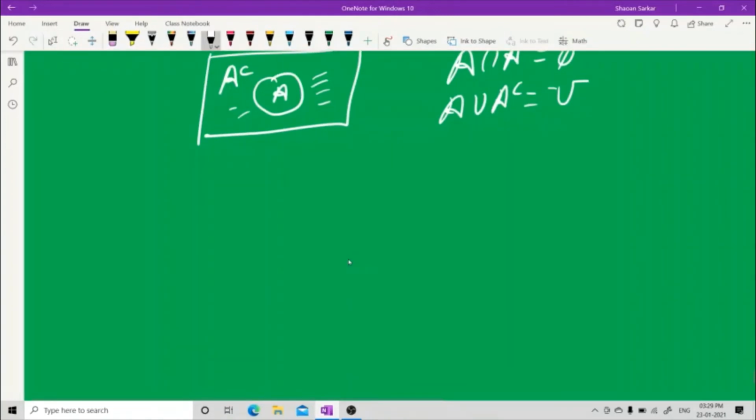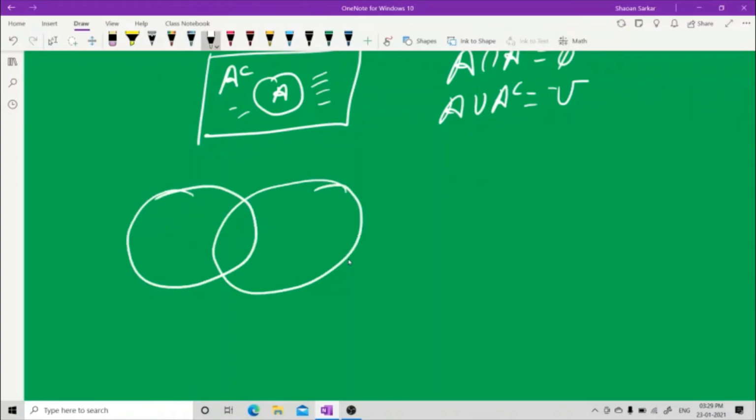Now you have these two sets. This is set A, this is set B. Now this portion, let me do it with colors, is A intersection B. Now let me use a different color.